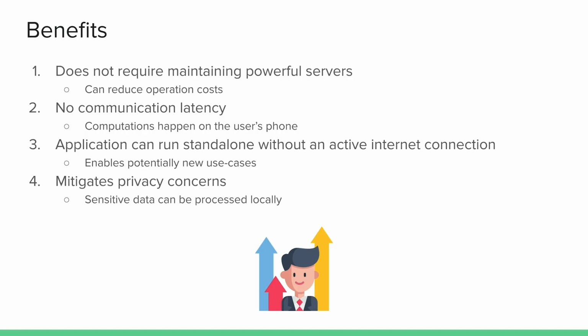So you can reduce your operational costs. You don't have any communication latency and your application can run standalone even if there is no network connection available. This completely opens up new use cases that you might not have thought of before. So there is a large benefit of trying to run models directly on the end user.